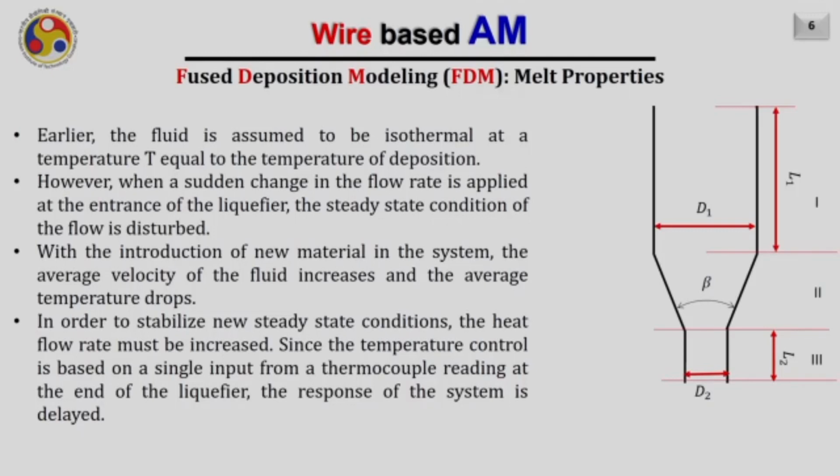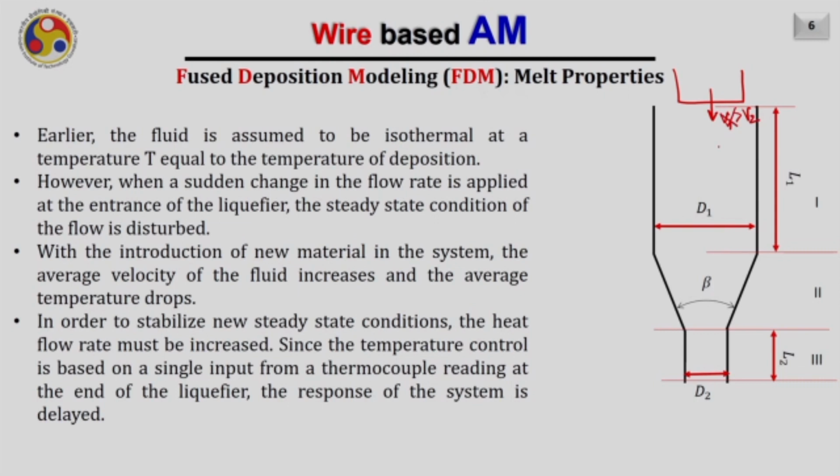Like I have mentioned in our previous consideration, we have assumed that the temperature of the melt is everywhere the same in the liquefier and equal to the deposition temperature. But when a sudden change in the flow rate is applied, for example, you are suddenly increasing the speed, for example, this is the wire and earlier it was V1 and now you are increasing it to V2.